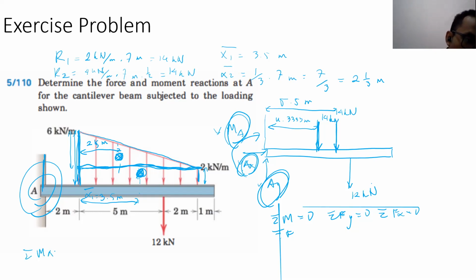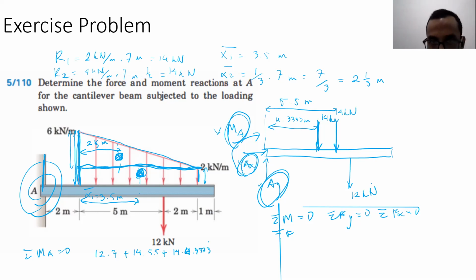Sigma moment at A equal to 0. What do we have there? Ay and Ax will not have any effect, because it's a fixed position, so it will not move. We have 12 kilonewton multiplied by 7, and then 14 kilonewton multiplied by 5.5, and then plus the 14 kilonewton times 4.333 meters.